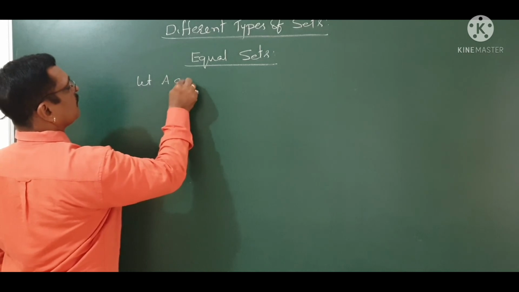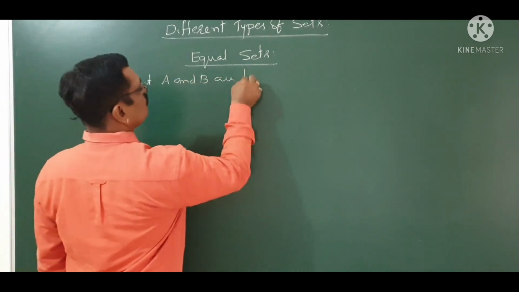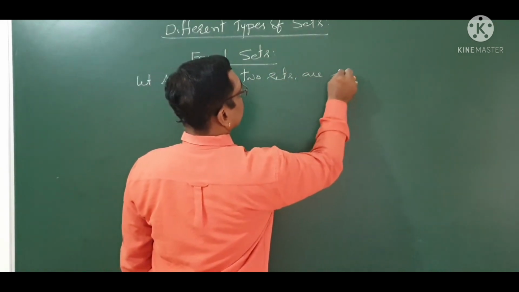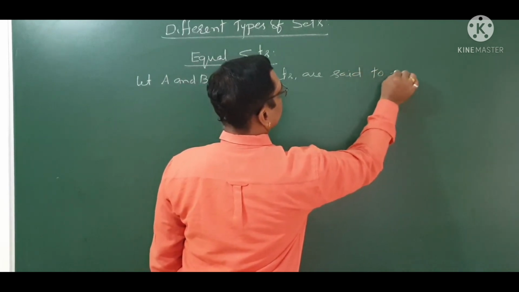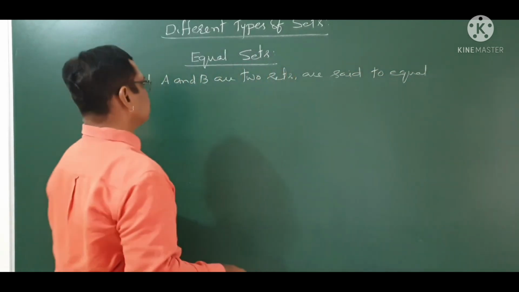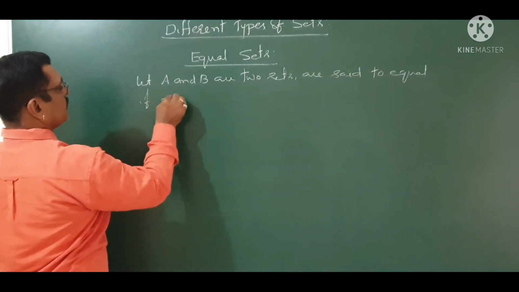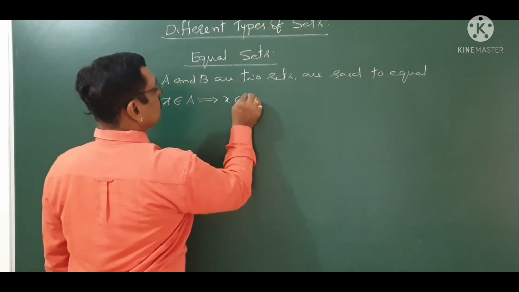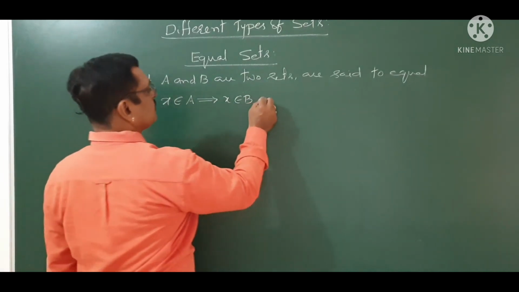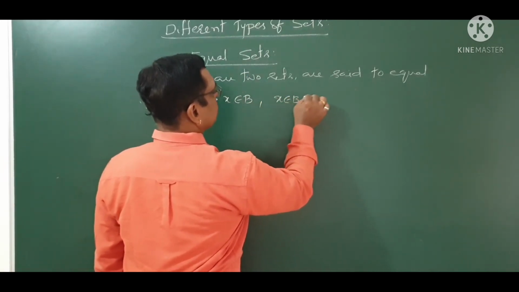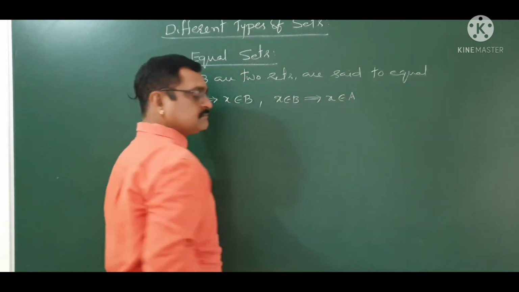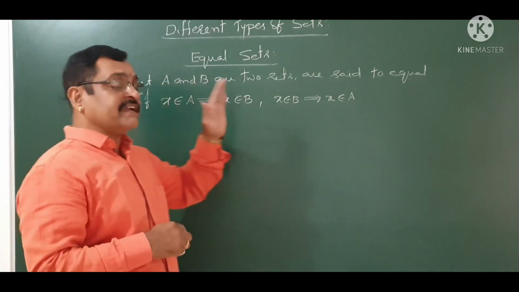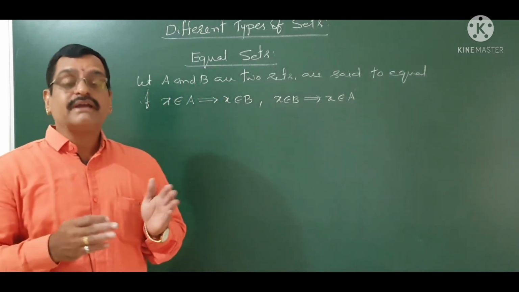They are said to be equal if x belongs to A, then x also belongs to B, as well as if x belongs to B, then x belongs to A. That means whatever elements you find in A, you have to find the same elements in B also. Then the two sets are called equal sets.